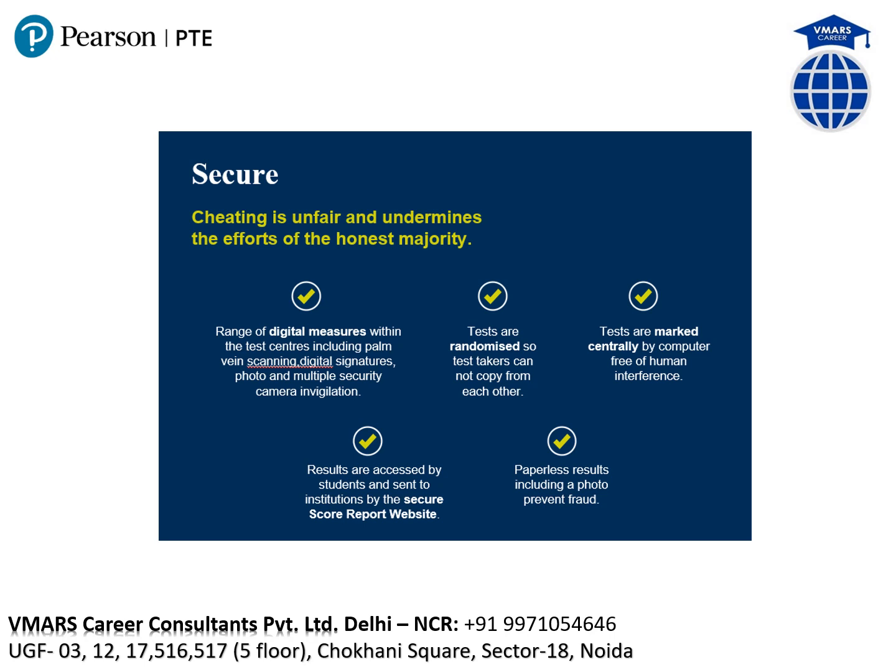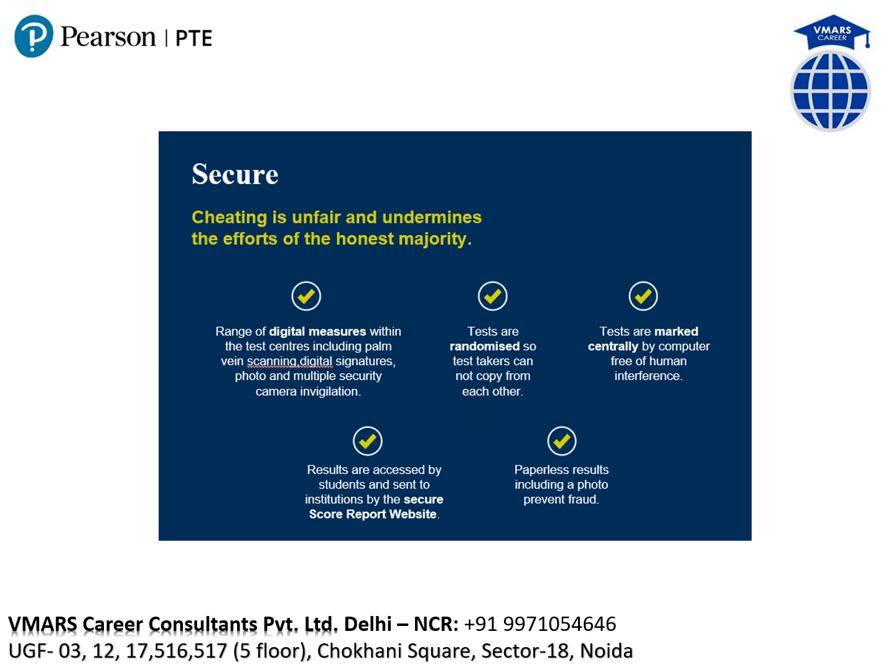The tests are randomized, so test takers cannot copy from each other. What does randomized mean? It means the person sitting next to you is not given the same test. The test of each test taker is different.